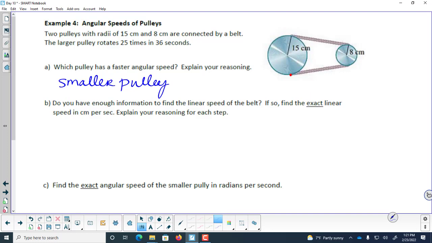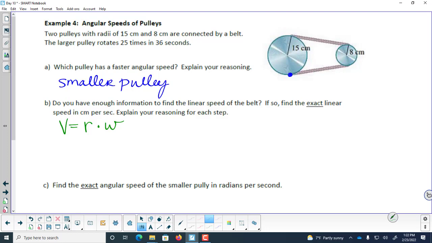All right, so do we have enough information to find the linear speed of the belt? So if I have this point that's moving around, what's its speed? Okay, so our favorite formula for linear speed, the most useful one we have, is V equals R times omega. Get that one down.